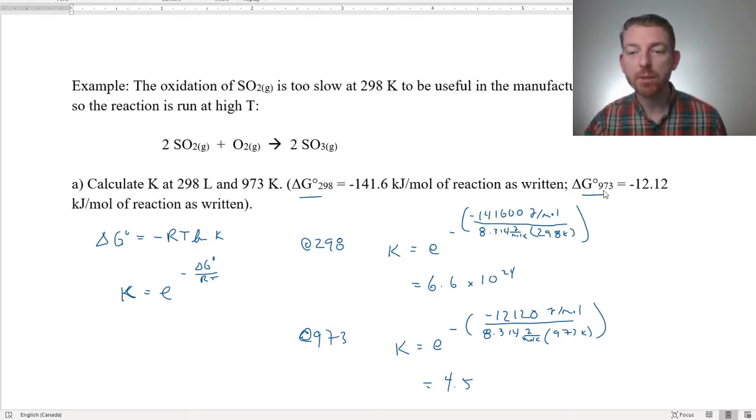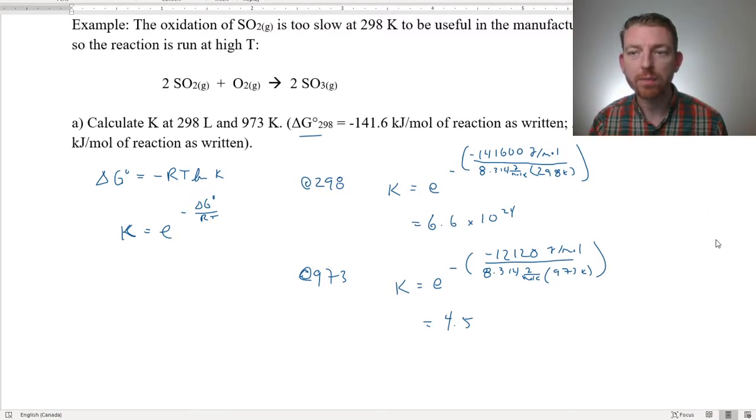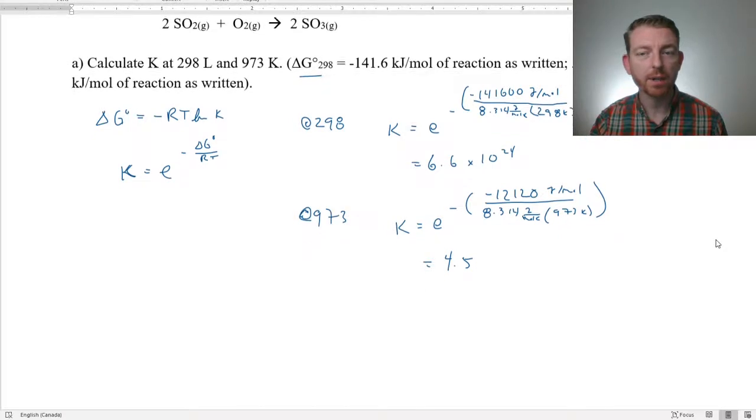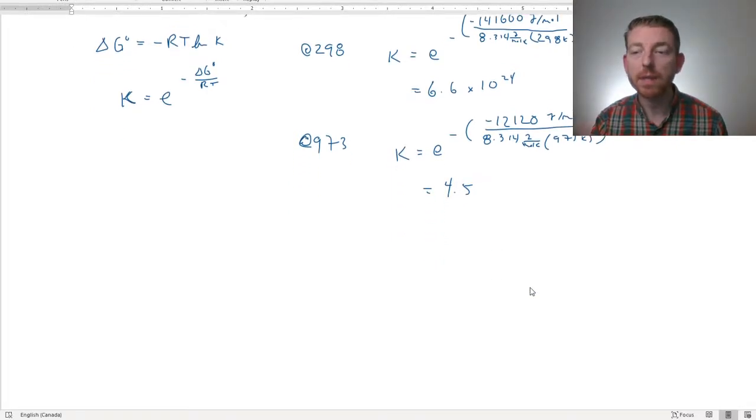If you push it up to the very limit, the Gibbs energy is going down as we get higher in temperature. It will reach a temperature at which it becomes zero. And anything past that, of course, it's going to be a non-spontaneous reaction. You're going to end up pushing all the way back the other way, where this K value is going to start becoming, well, less than 1, right?